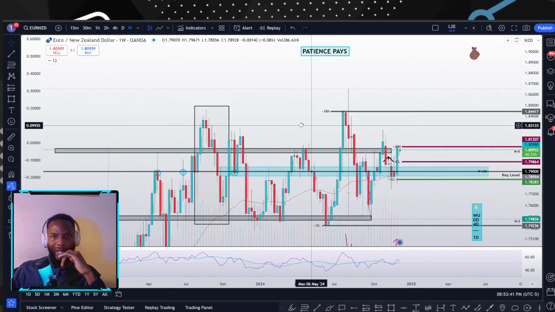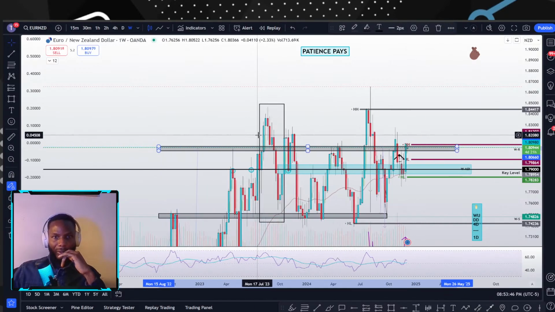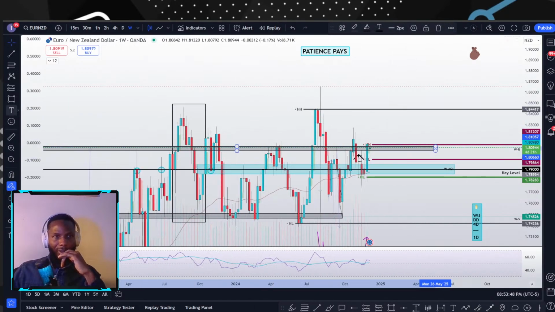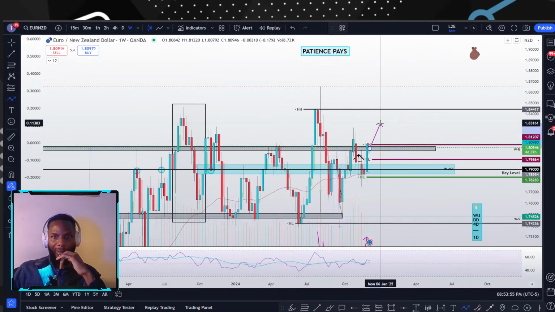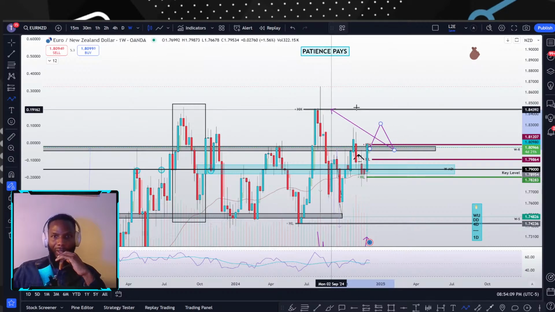What I'm actually looking for would be if this could break above here and then bounce in this area, because I already got the bounce on the level that I was looking for. If it could bounce up here, then I would want to take a trade up to at least this resistance right here. So I'm actually going to look for that.